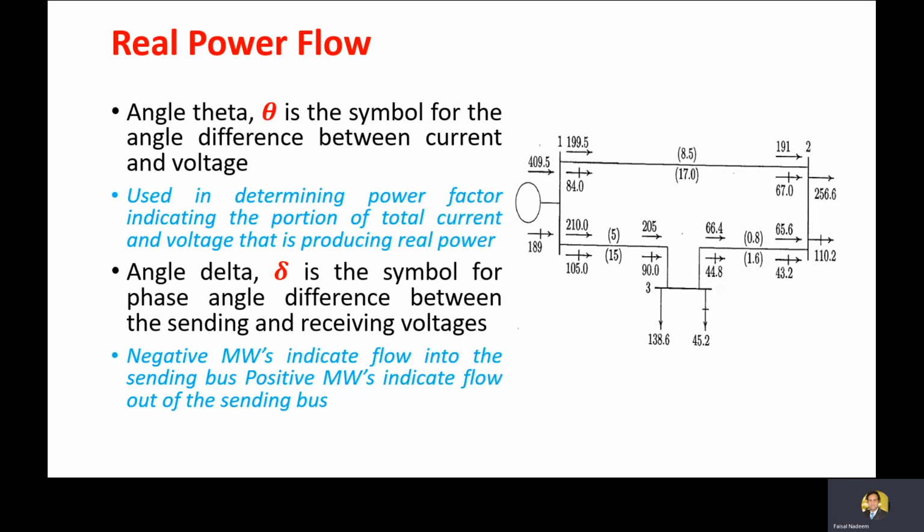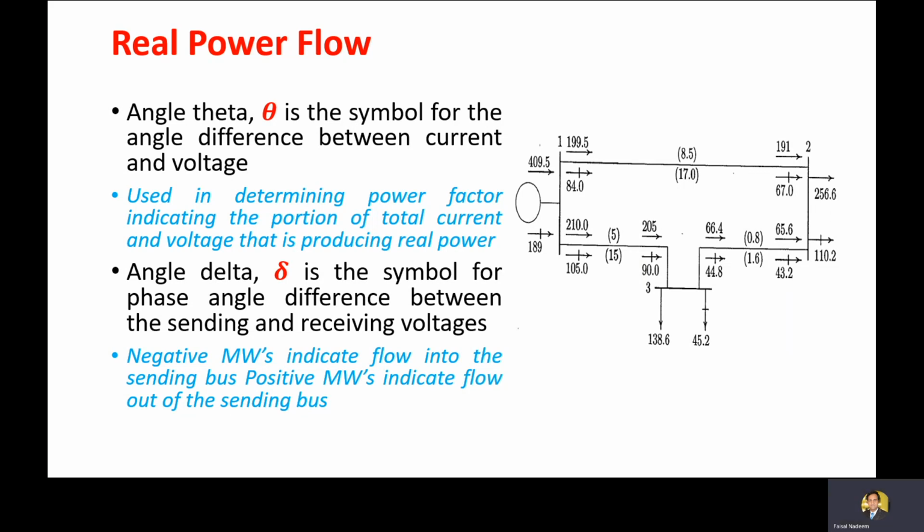Real power flow. In real power flow, we have to clear one more concept: there is a difference between two representations of the angle. One is theta and the other one is delta.